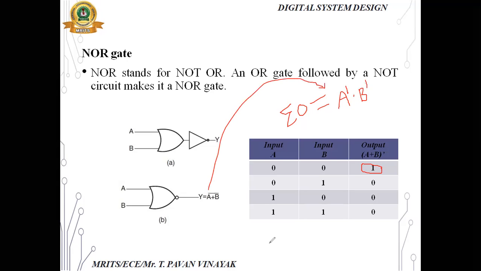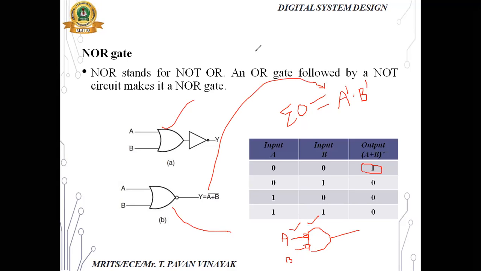So the equivalent circuit is, on the input side we have to put bubbles. And what we get? A, B. This is the equivalent circuit of NOR. This one and this one are equivalent circuits of the NOR gate.